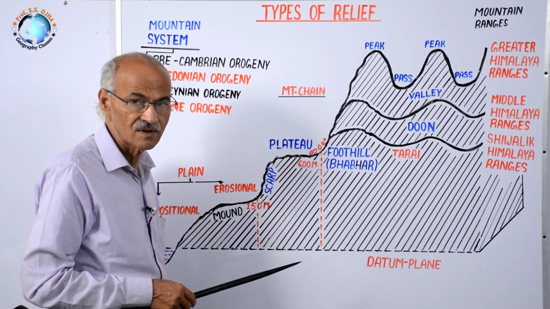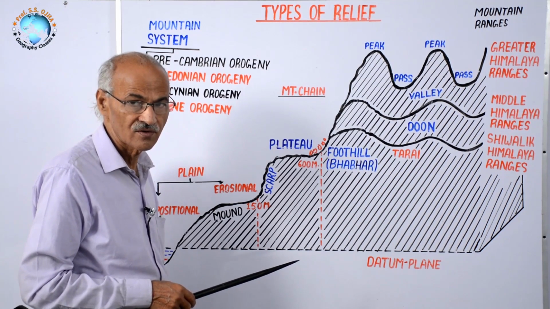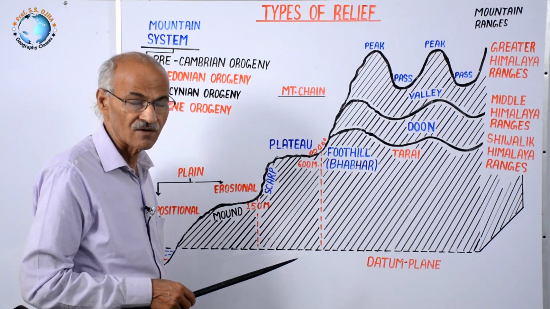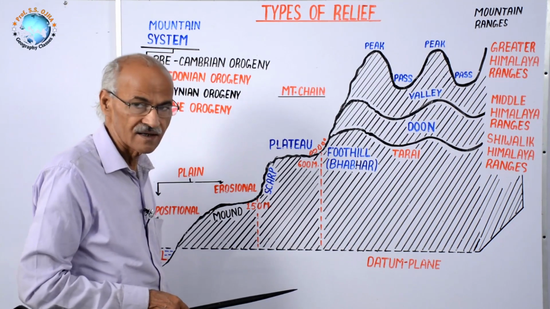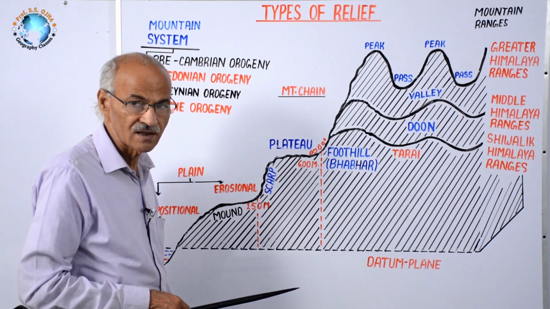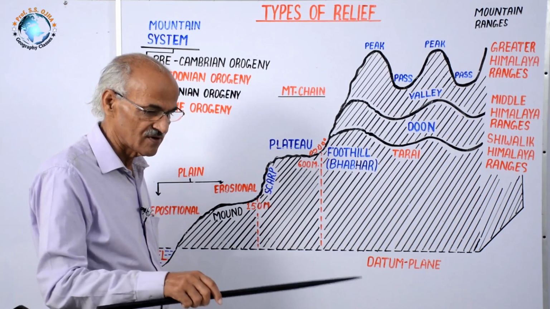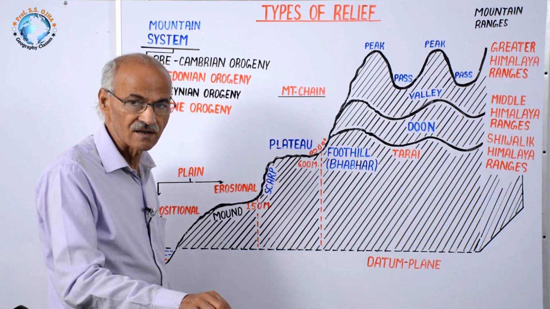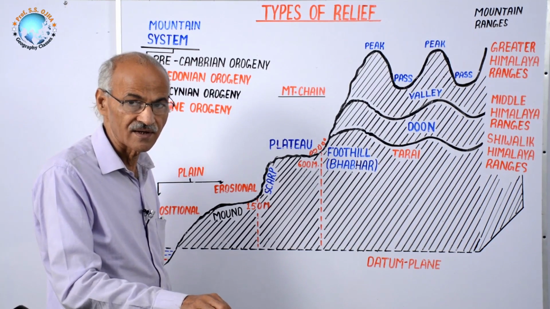For example, the height of the Tibetan plateau is about 5000 meters or 5 kilometers from sea level or datum plane. Why? It has some tectonic causes. We will study it in the geophysics or plate tectonics of India.